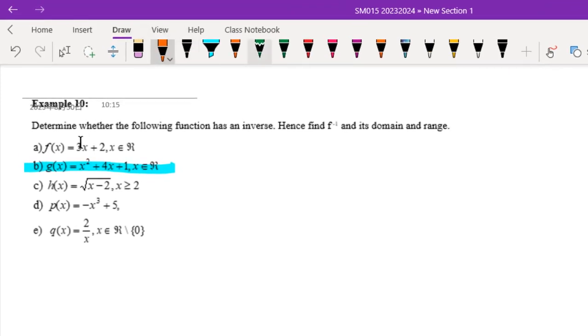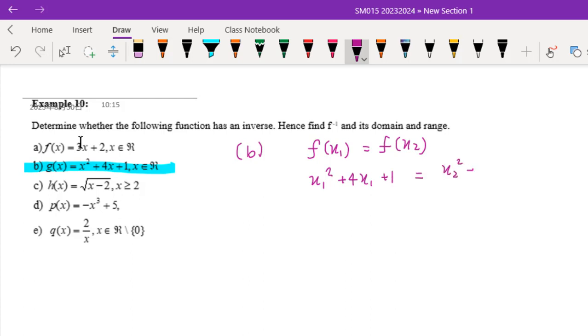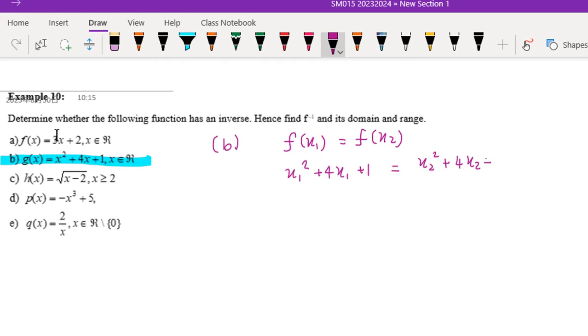We can show whether it is a one-to-one function or not by two different methods. Firstly, we can use the algebraic approach, which is f(x1) equals f(x2). So x1 squared plus 4x1 plus 1 equals x2 squared plus 4x2 plus 1.